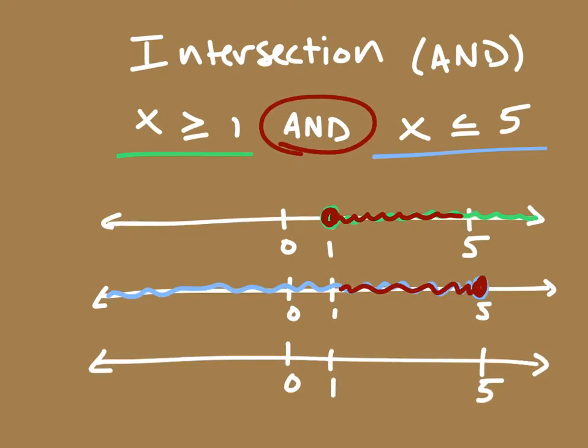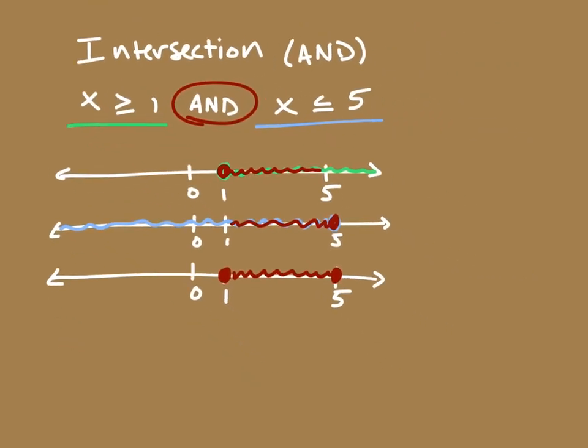So I put both on the same graph and say between 1 and 5 is where x exists. And if I use that word and, I say x is greater than or equal to 1, and at the same time, it has to be less than or equal to 5. And that's what that means.